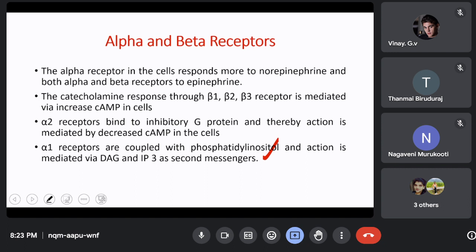You can refer to the signal transduction PPT or the recorded class that I posted previously. That's why I'm not stressing on this. And this action is mediated by diacylglycerol and inositol trisphosphate, IP3, where these two act as the second messengers in place of cyclic AMP. This is how the activities of these two hormones are controlled.